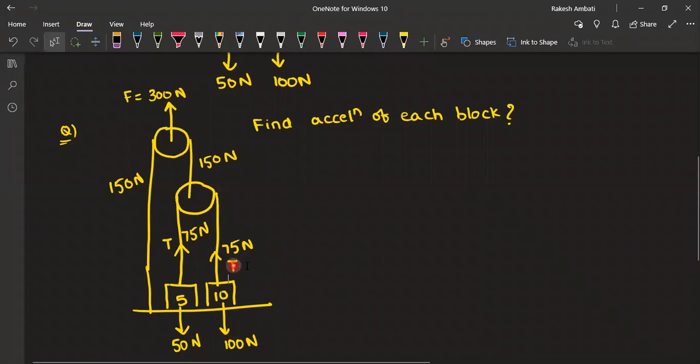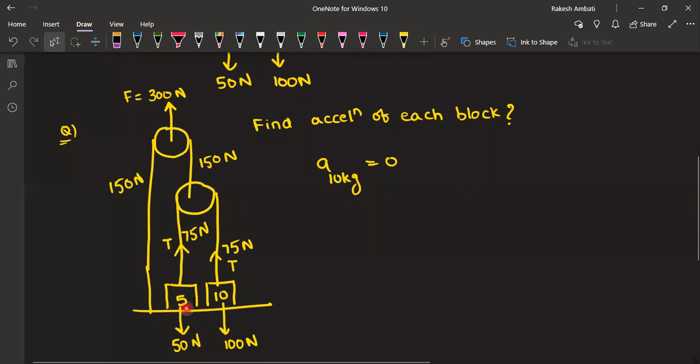It is still at rest, so the acceleration of the 10 kg block is equal to 0.